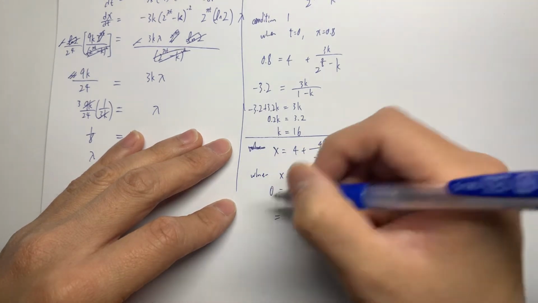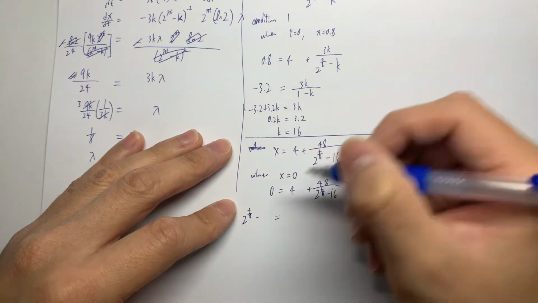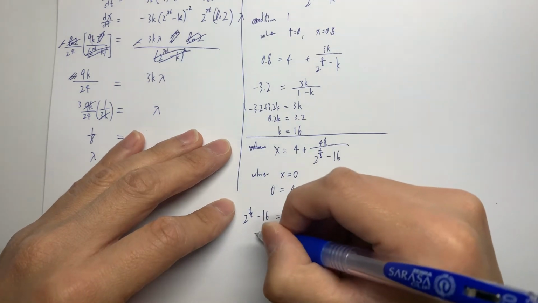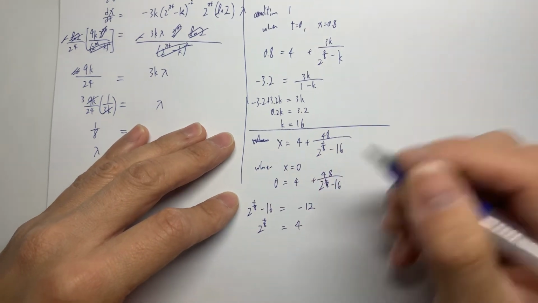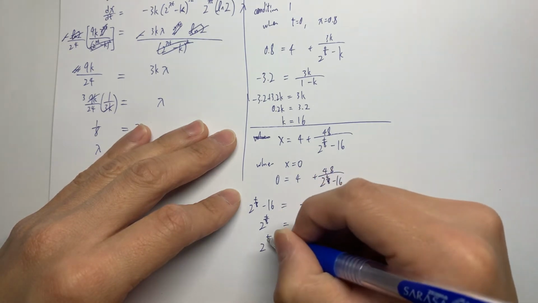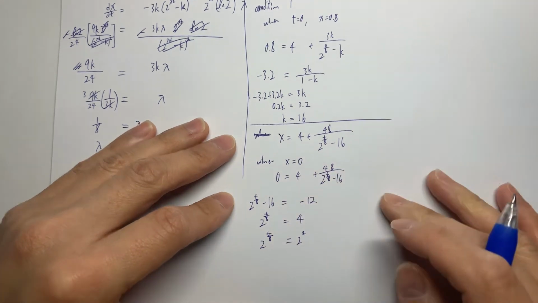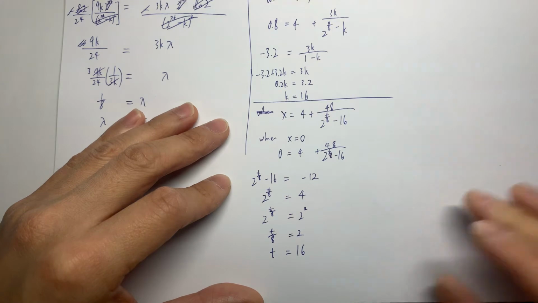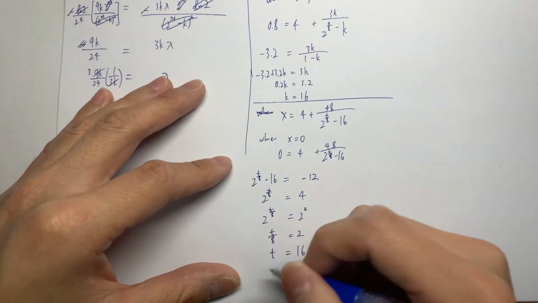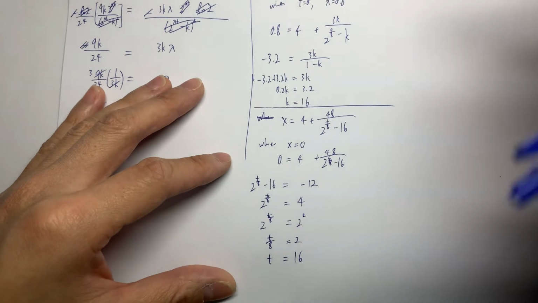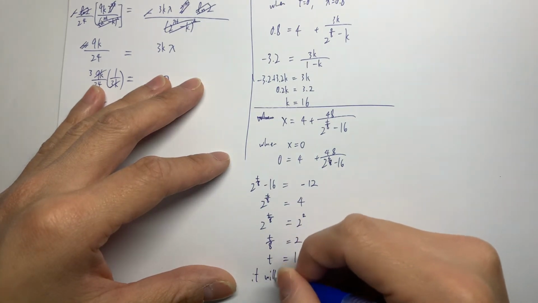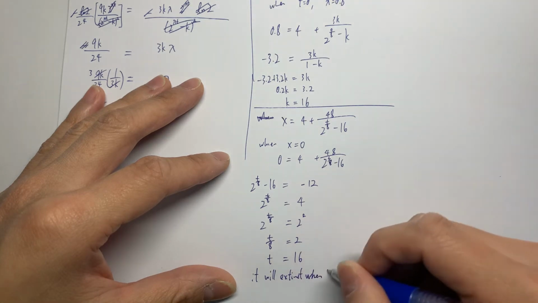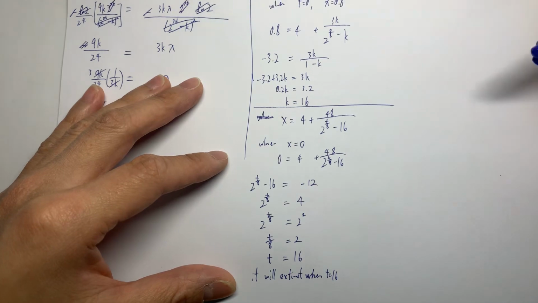So 2 power of t over 8 is equal to 4. That means 2 power of t over 8 is equal to 2 power of 2. Compare the index: t over 8 is equal to 2, so t is equal to 16. So the answer in this condition is extinct when t equals 16, 16 years later.